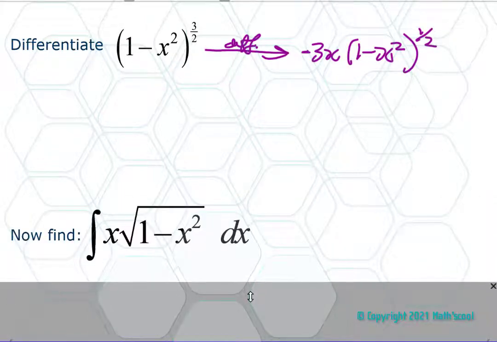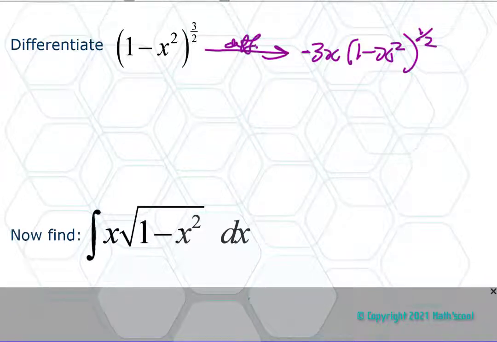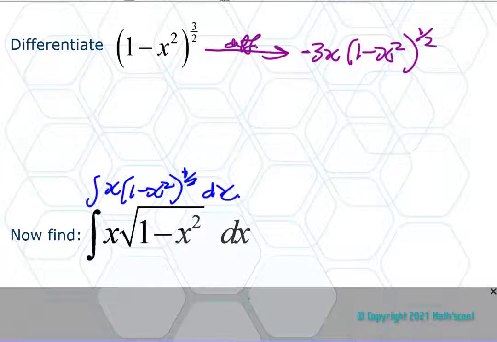Now, the thing that they've asked me to integrate is x (1 minus x squared) to the power of half. Now that's not exactly the same as this, but it's pretty similar. The only difference is this minus 3.